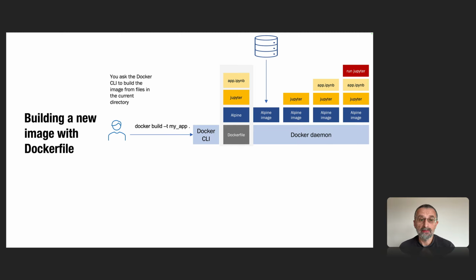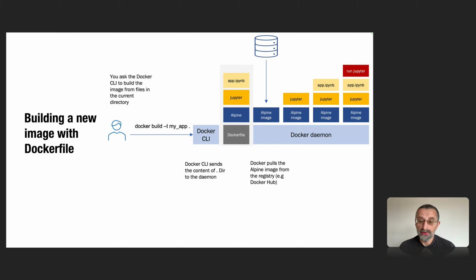So you ask Docker to build the image from files in the current directory. Then the Docker command line interface sends the content of this local directory, pointed to with the dot, to the daemon. You need to have your Docker app running in the background.